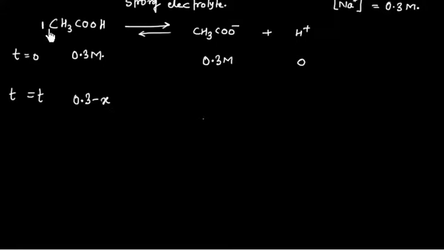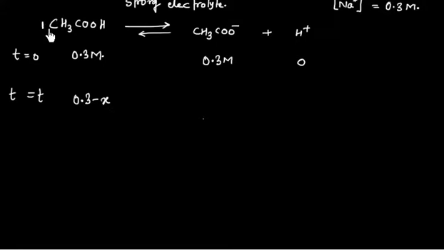So if I assume this, the total is 0.3 plus x, mainly coming from sodium acetate, so x is negligible compared to 0.3, and we can write 0.3 plus x is approximately equal to 0.3.